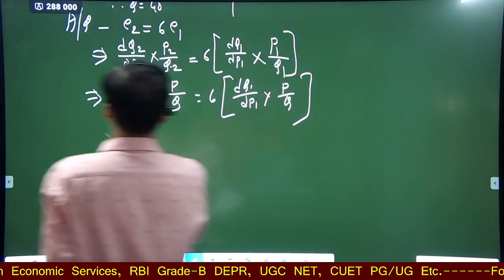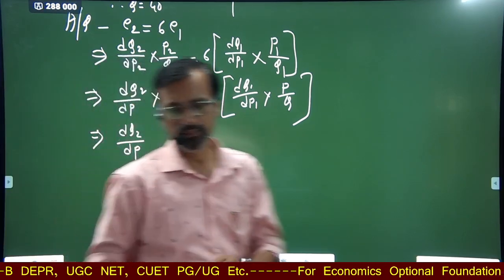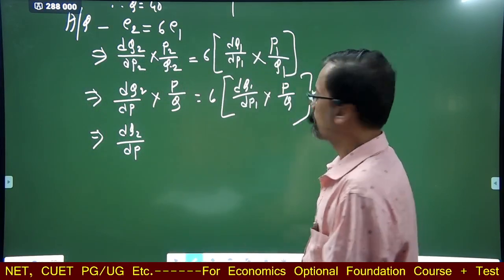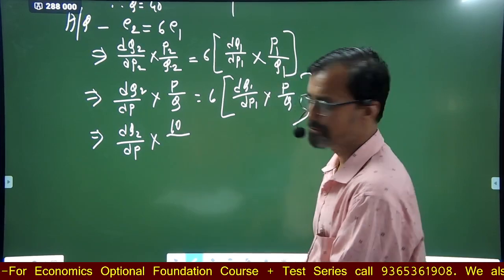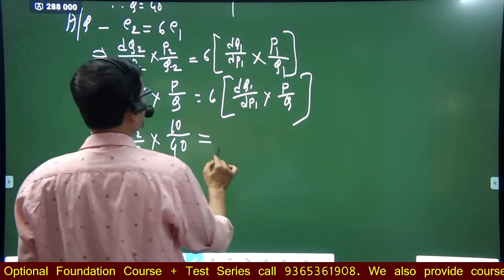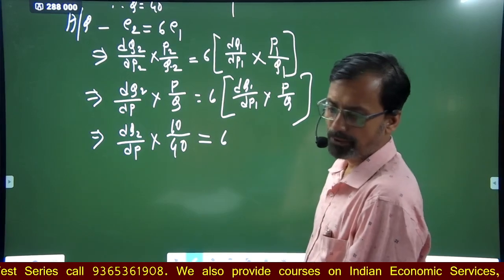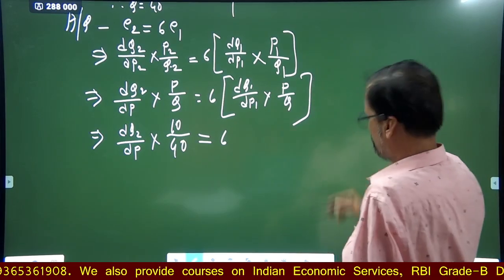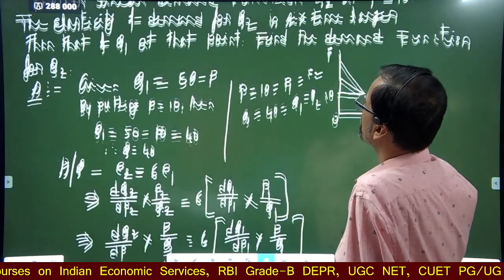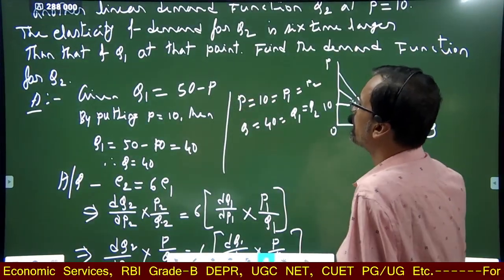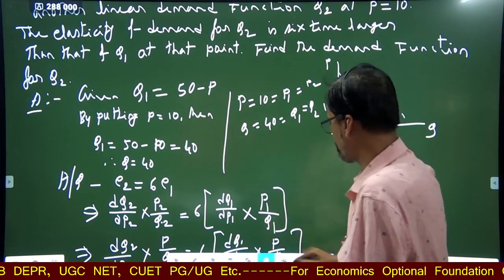Now we can put in the values. dQ2 by dP times P by Q, where the value of P is 10 and the value of Q is 40, equals 6 times dQ1 by dP1 times 10 by 40. What is the demand function of Q1? It is 50 minus P. When we differentiate Q1 with respect to P1, we get minus 1.